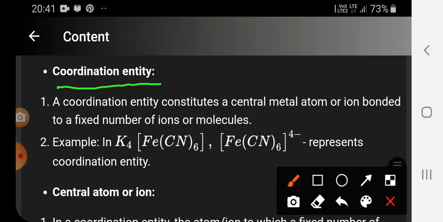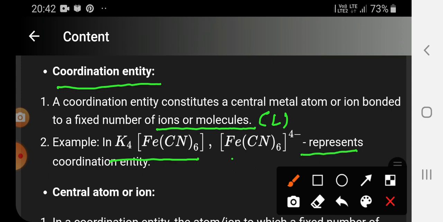A coordination entity constitutes a central metal atom or ion bonded to a fixed number of ions or molecules, known as ligands, simply represented by L. So in the given complex, the square bracket part where the central metal ion is bonded with a fixed number of ions or molecules which are known as ligands is known as the coordination entity.